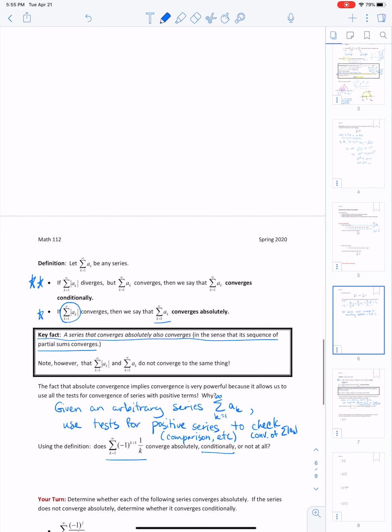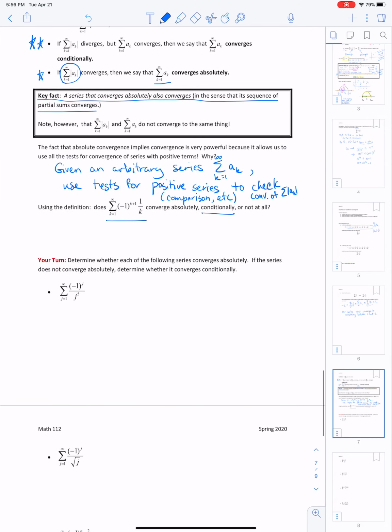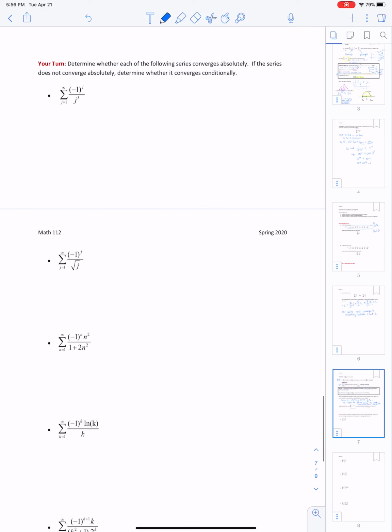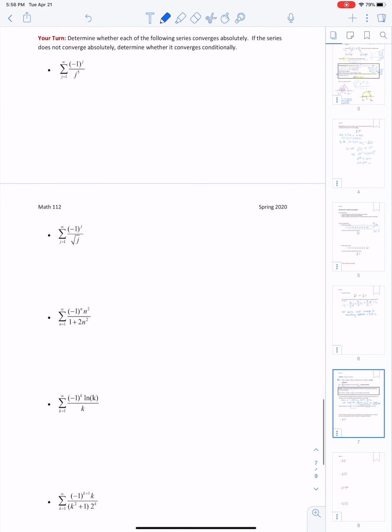At this point, I would like to conclude by giving you an opportunity to try a few of these. Go ahead and determine whether each of these series converges absolutely. If it does not converge absolutely, investigate whether it converges conditionally. This will be an opportunity to go back and review previous tests as well.